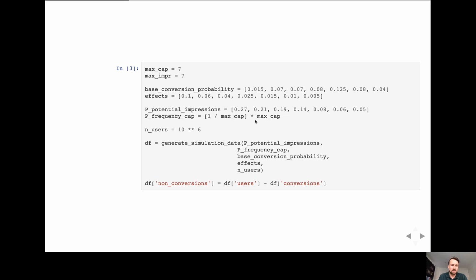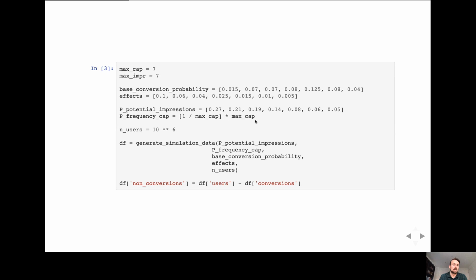Okay, so let's take a look at our data. To be able to show you that our results are unbiased, we need to use simulated data. So let me explain how this data is being generated. First, we have a maximum amount for frequency cap, which also indicates the maximum amount of impressions, which is both 7 in our example. Then there's the base conversion probability.